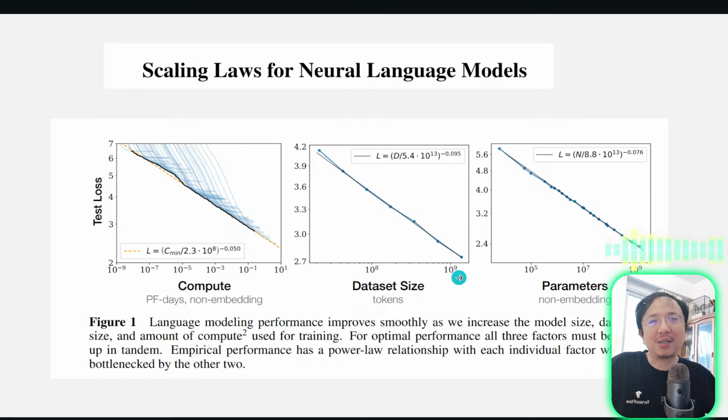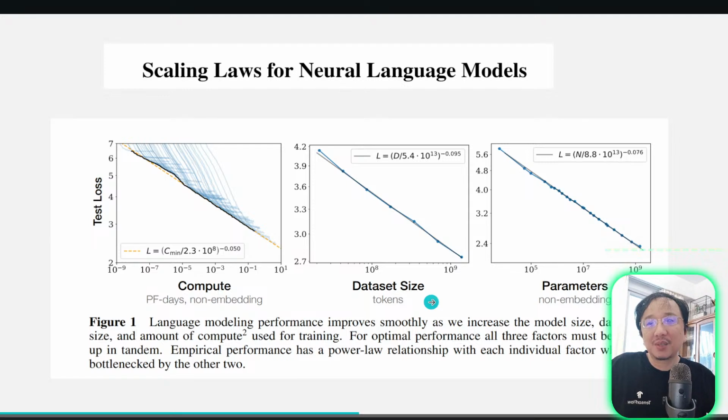These are the three major factors that affect the result of the language model. Other factors, like the architecture of the models, are not the primary factor. They have some effect, but they are minor.